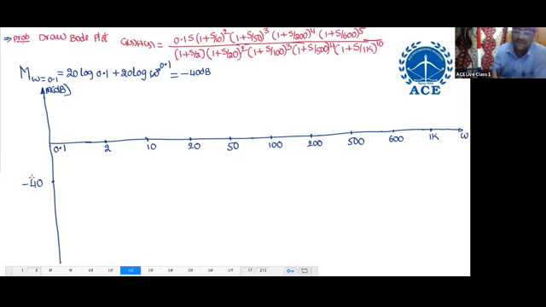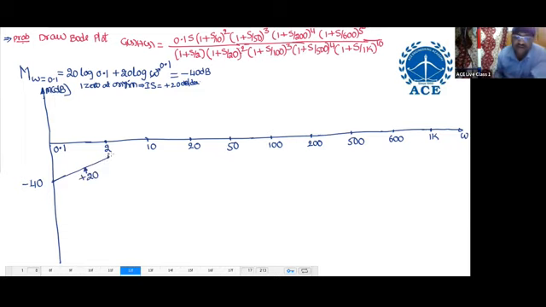One zero at origin, so the initial slope is plus 20 dB per decade. So draw with plus 20. Draw a line up to 2 with plus 20.